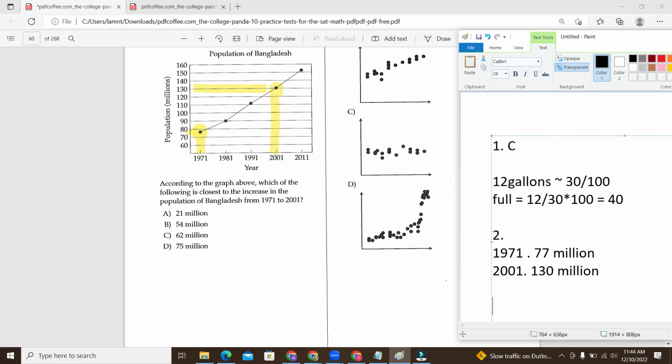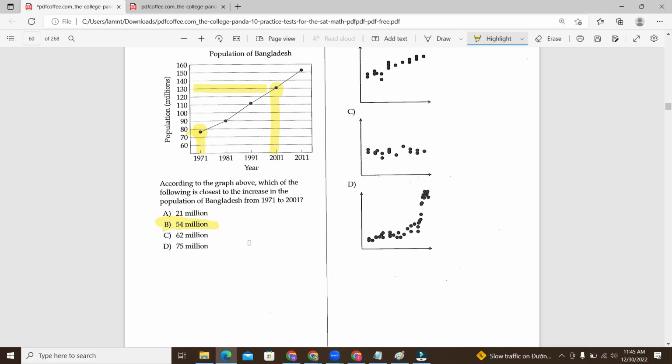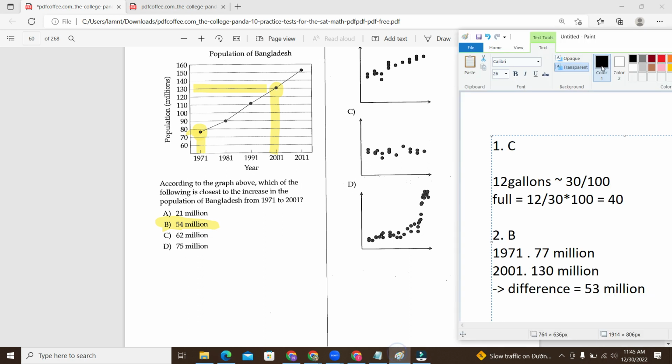So the net difference is roughly how much? 53 million, 54 million. So the answer will be around 53 million, and 54 million is the best estimate. So this is B. It's B.